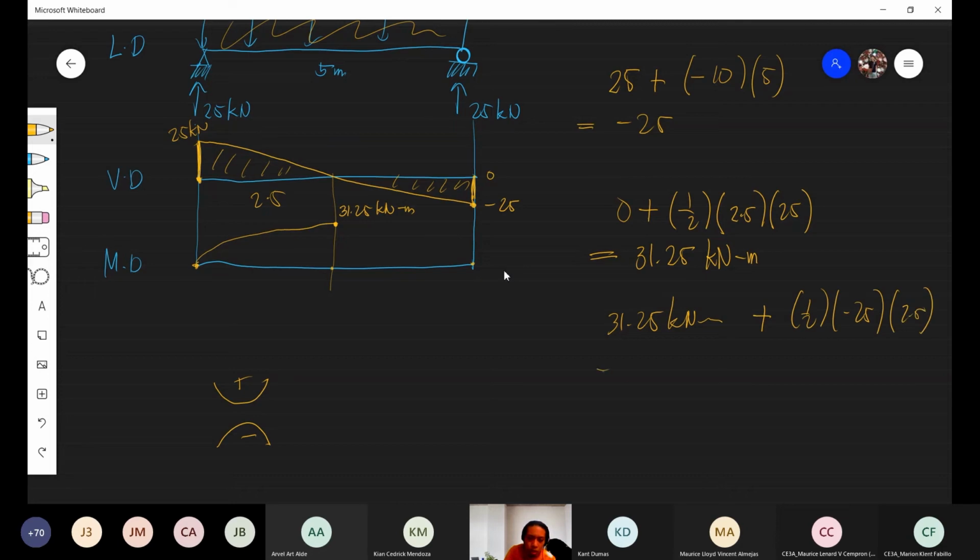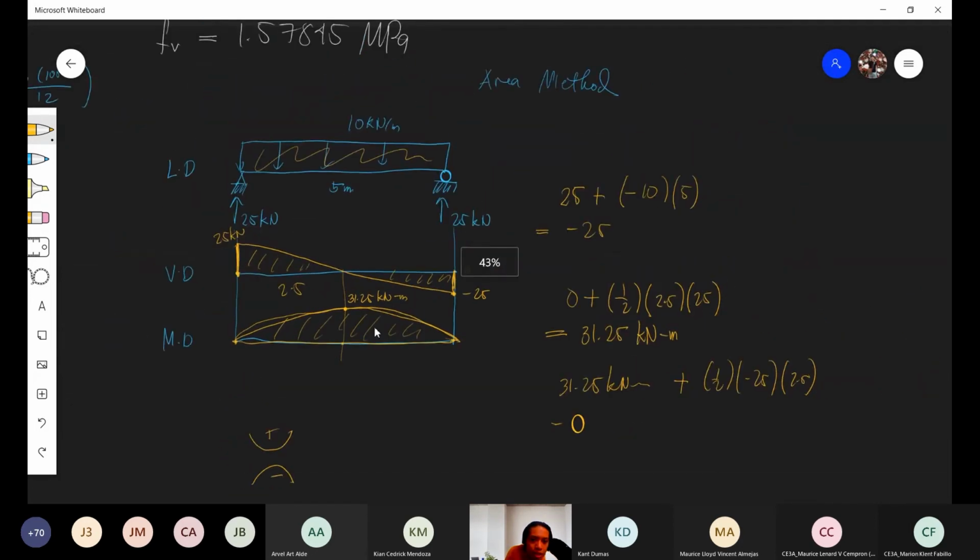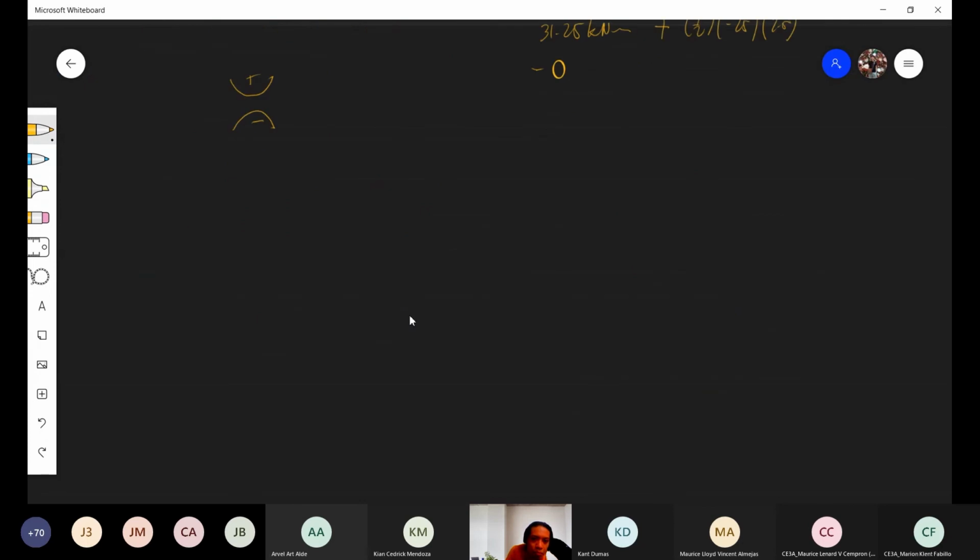Obviously this will become 0. So again, 0 to negative 25 is decreasing, concave downward. That is how you draw the curve. This is the moment diagram.